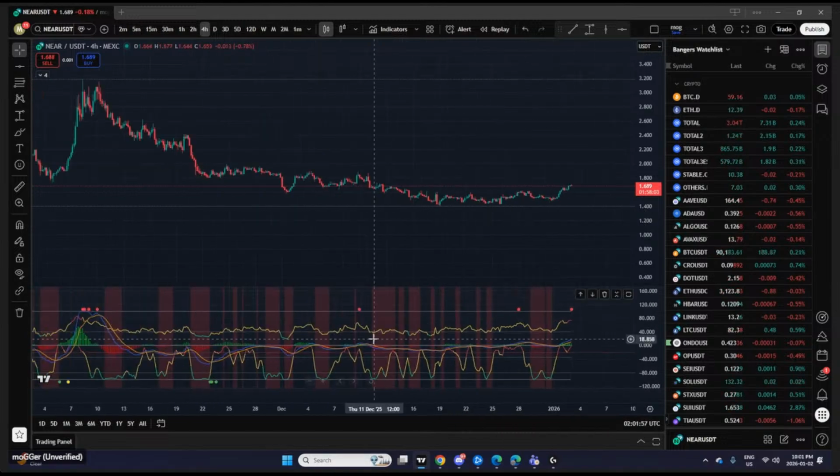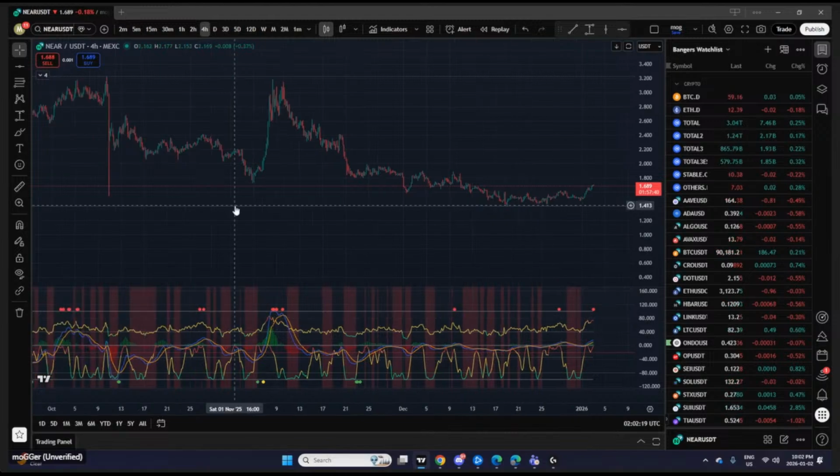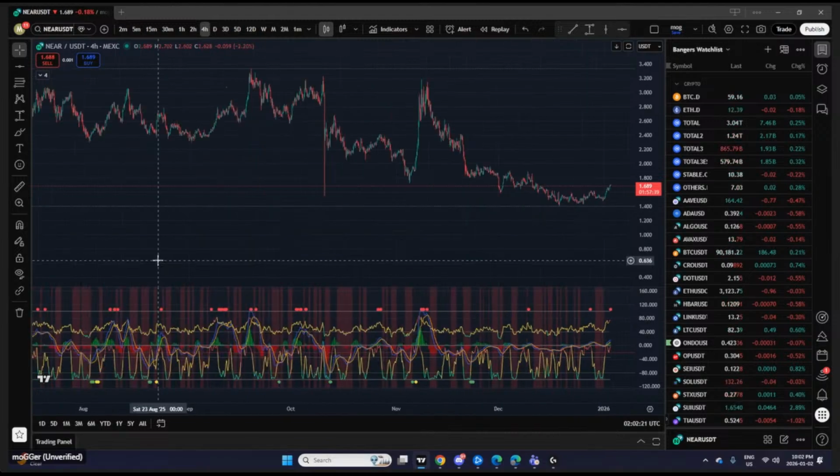Now look, guys, these are the red dots that we're really concerned about, right? When we see these, we're always concerned because they're warning us that it's coming down or it could come down. That's why I'm stressing to you guys, if you use a 4 hour, you've got to use a stop loss, right?